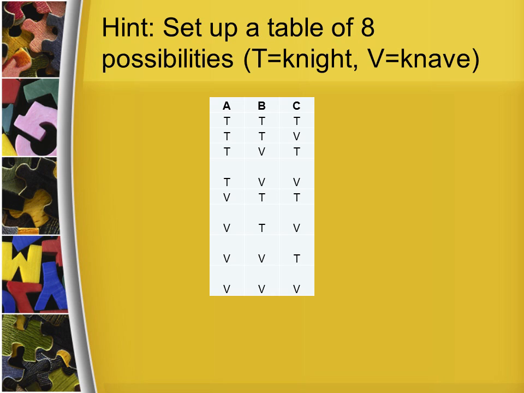And under the column of C, I have T, then V, then T, then V alternating down. So now I know that I have all the possibilities, because there are two possibilities for A, two for B, and two for C, so it's 2 times 2 times 2, which is 2 cubed, which is 8. So there are 8 possibilities.